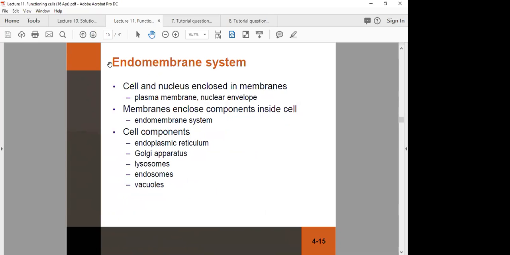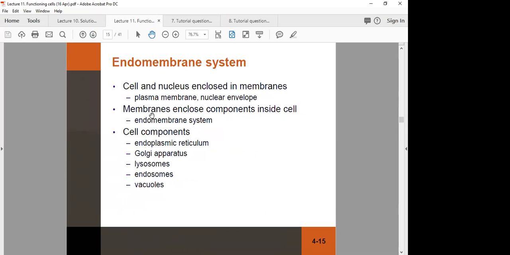All right, let's consider now what we call the endomembrane system. We know that the cell is enclosed in a membrane, which we call the plasma membrane. We know the nucleus is enclosed in a membrane, a double membrane called the nuclear envelope.